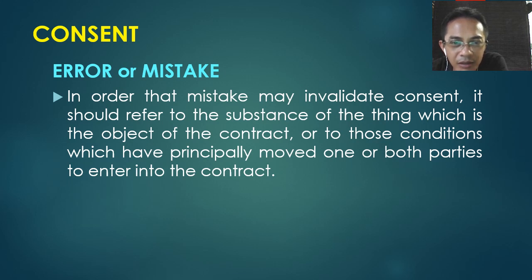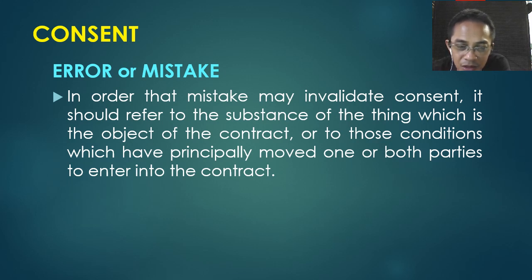So, error or mistake must be error on the substance of the thing or on the conditions that have moved you to enter into the contract. Okay, pagka totally nagkamali kayo, yung mabigat na pagkakamali, then your consent may be vitiated. Vitiated class is, the root word is vice. Kaya ganun, vices of consent.